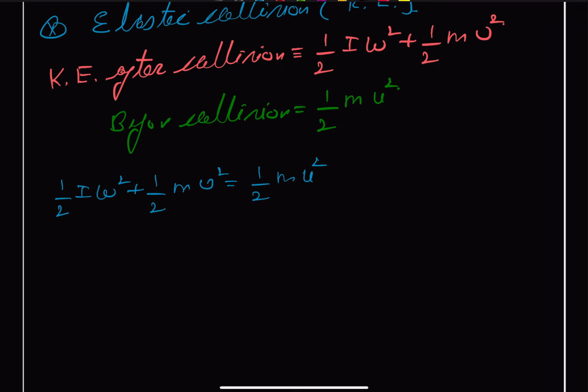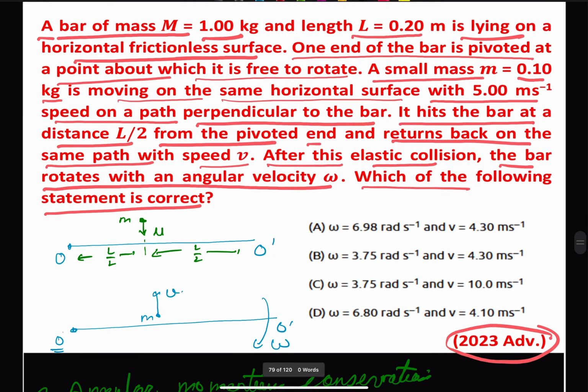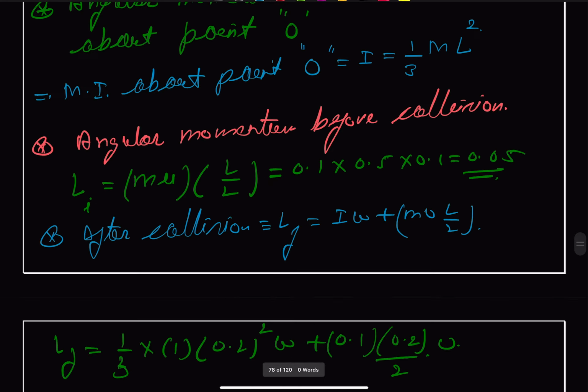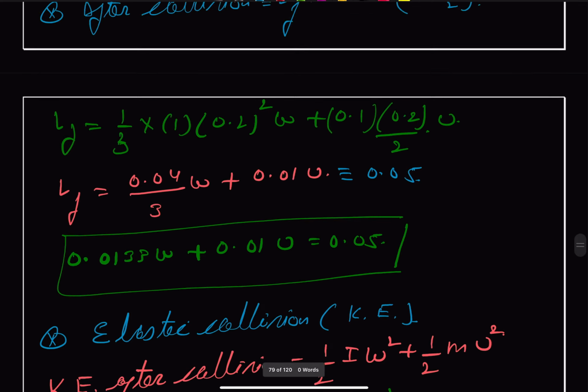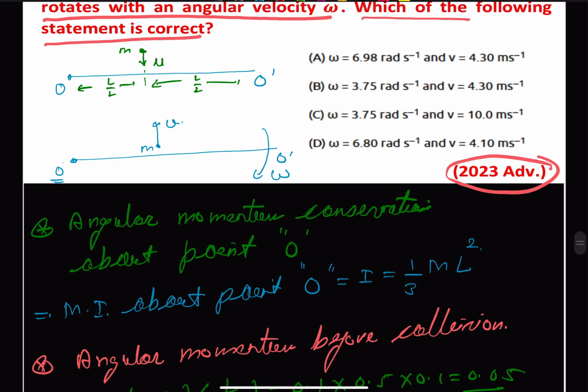And we can write this, half mass is 0.1 and 5 square, this comes as 1.25, and we substitute the value of our moment of inertia, that is 1/3 ml square.